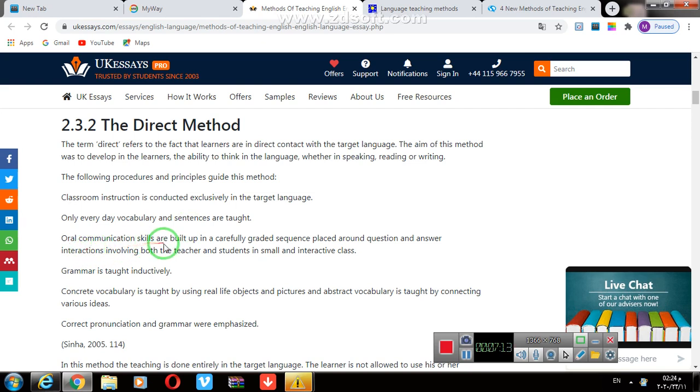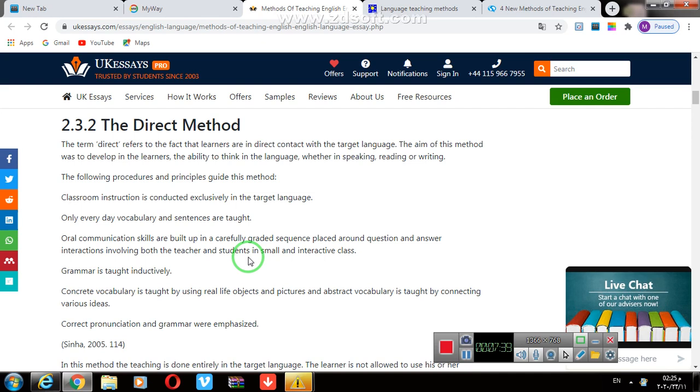Oral communication skills are built up in a carefully graded sequence placed around question and answer interactions involving both the teacher and students in small and interactive classes. In the direct method, there is a kind of communication, and it's done through a dialogue form between the teacher and the student. The teacher asks questions, and the students have to answer.